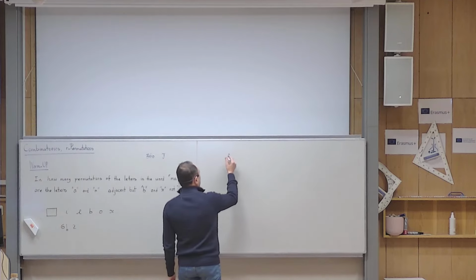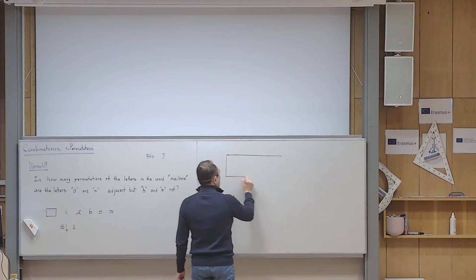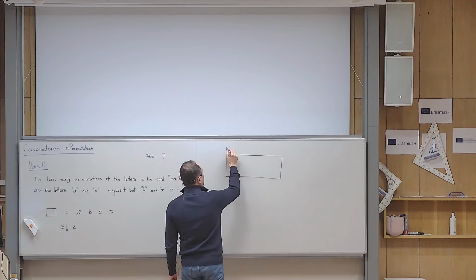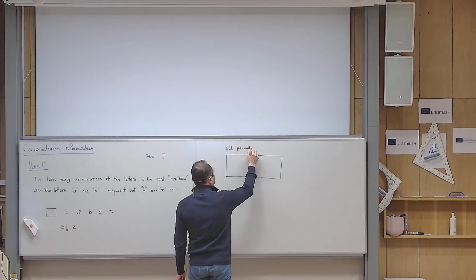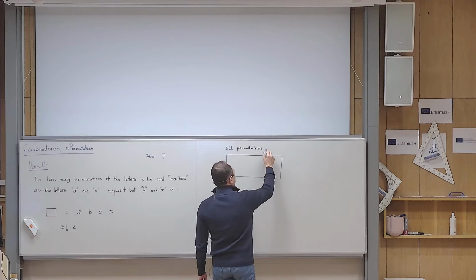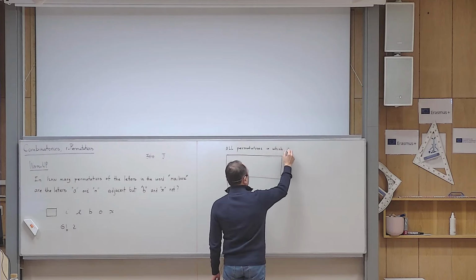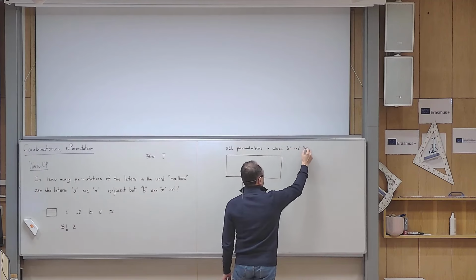Let me draw a picture for you here. Let us say that this box includes all permutations in which A and M are adjacent.